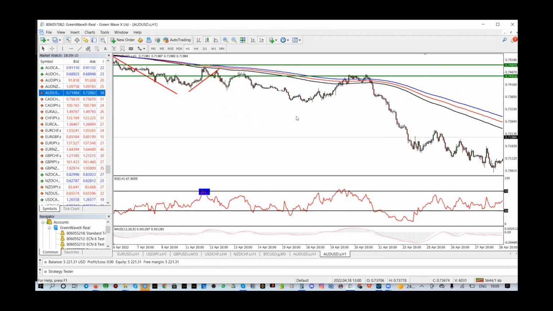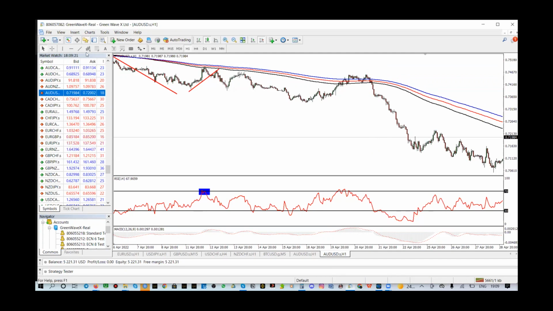Another example here: price broke downwards, continued downwards, made a retracement here and quickly came down. And you're going to see one thing here for this one. Of course, we can have a trend line entry by plotting these 2 trend lines, and when price broke, we sell. Or we can have a divergence with price making like a double top or maybe a higher high here, and the momentum indicators making a lower high.